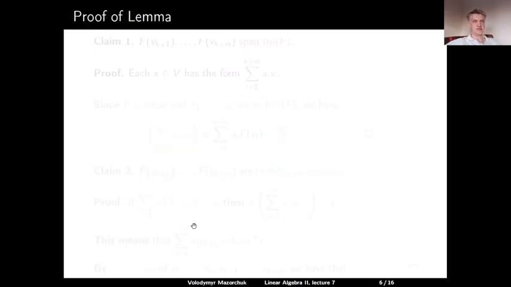So to prove that something is a basis, we need to prove two statements: that the elements of this set are linearly independent and that they generate the vector space. So first claim, f of vk plus 1 and so on f of vk plus m generate the image of f.